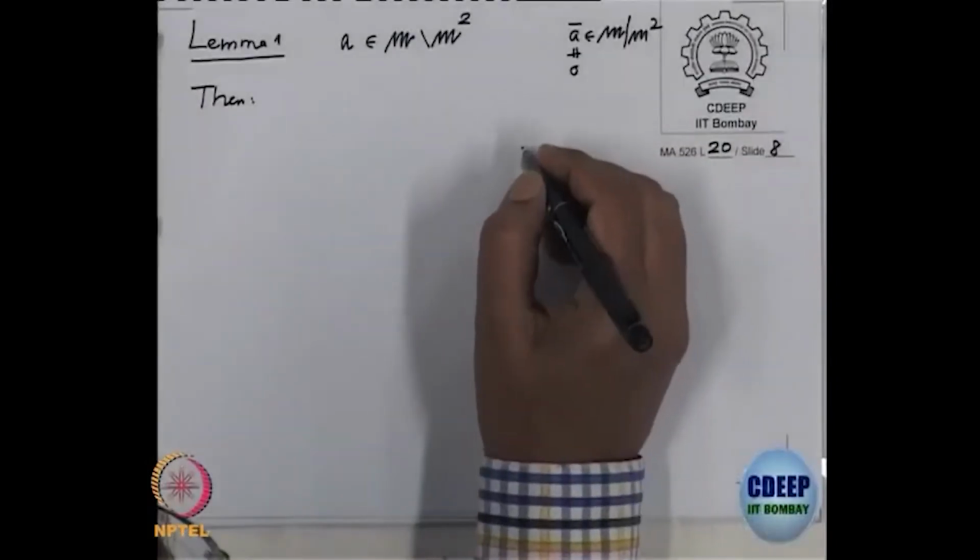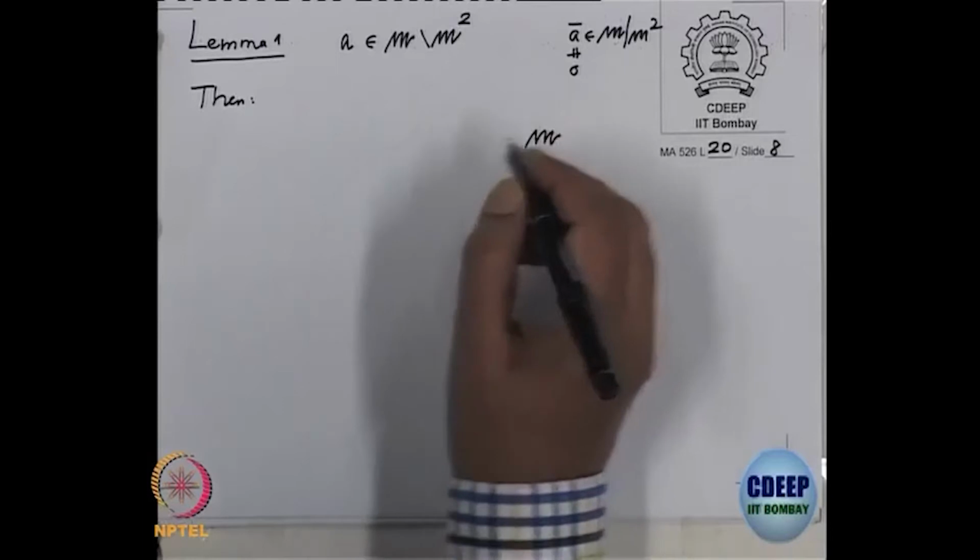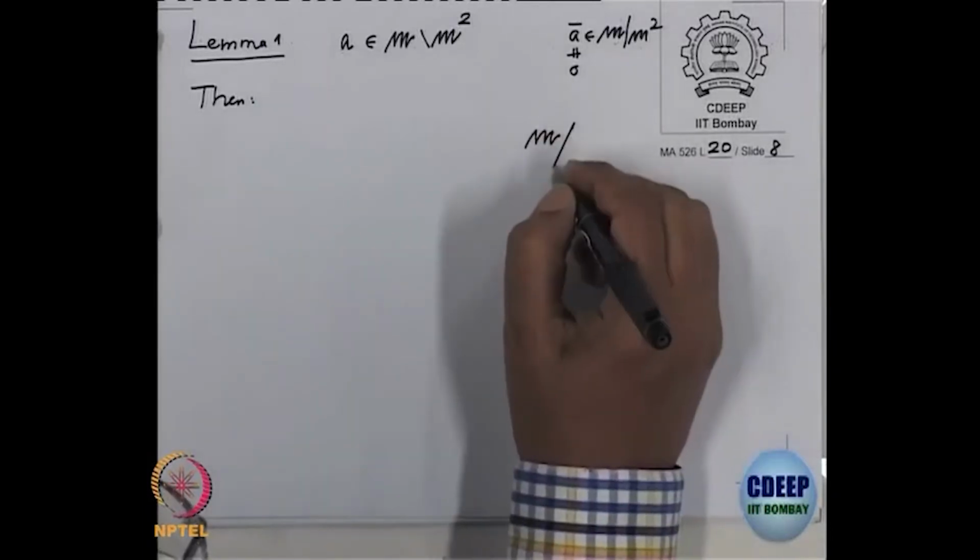This is not usually true if your ring is not local. You cannot extend to a minimal set of generators in general. Okay, so then we have a natural exact sequence from here. M will contain the ideal generated by a.